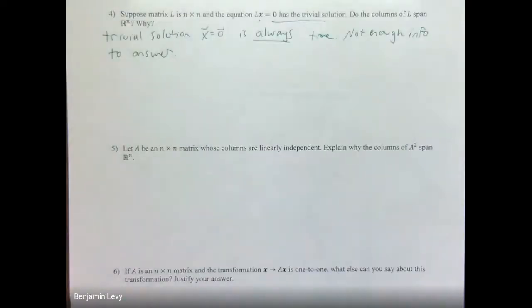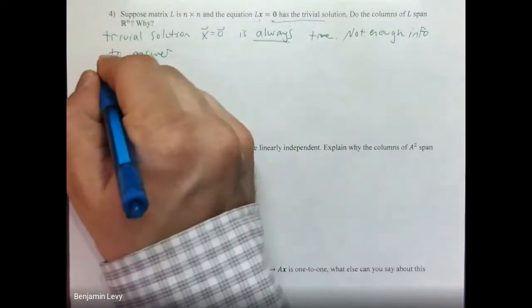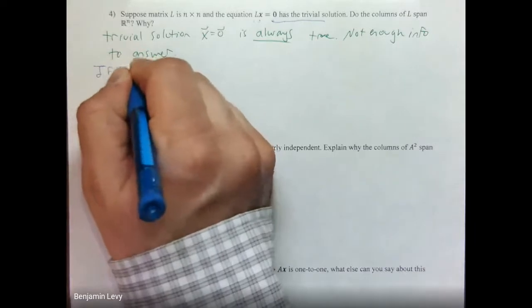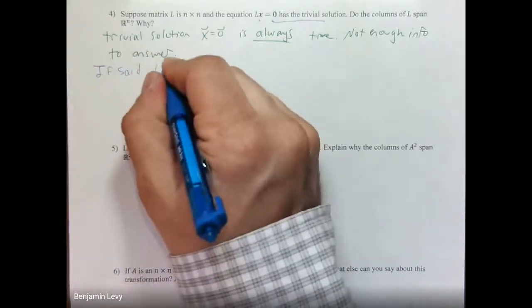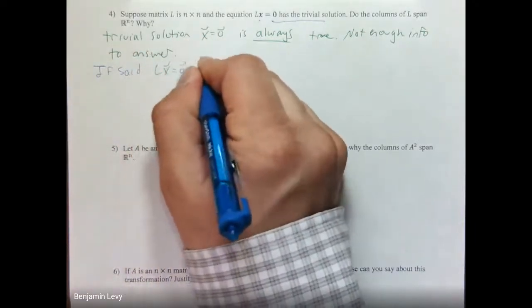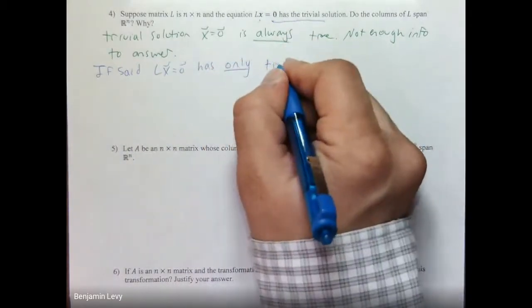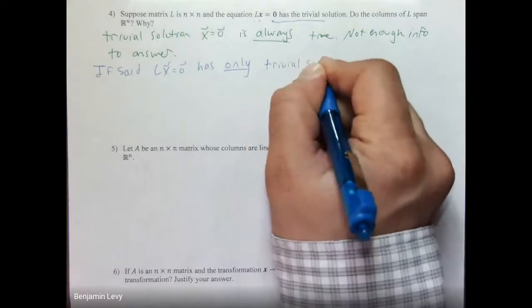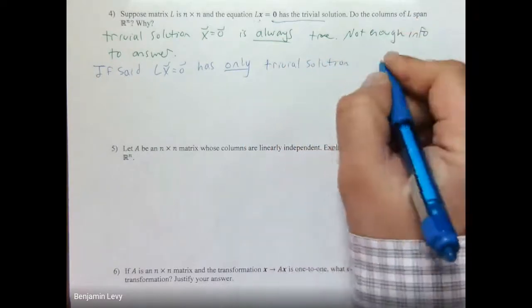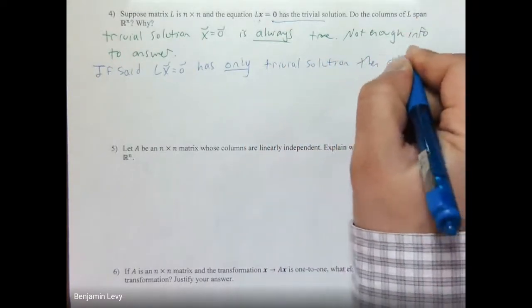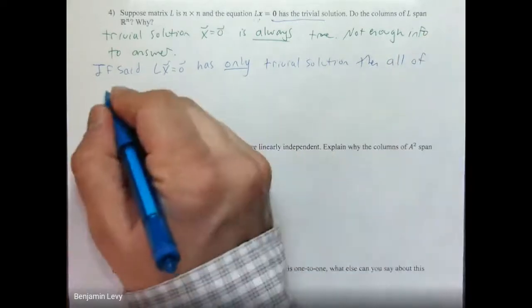Let me write that down. If it said Lx equals 0 has only the trivial solution, then that would mean all of the IMT is true.